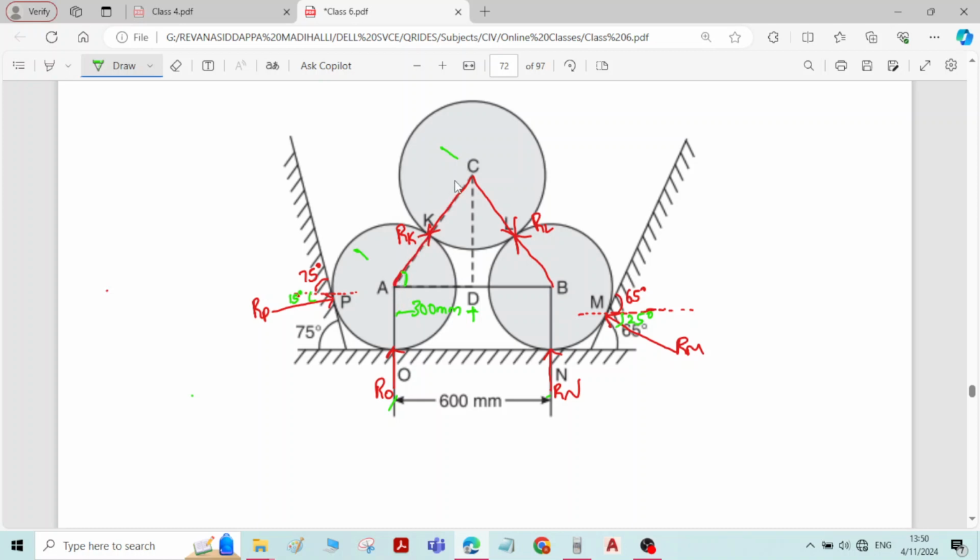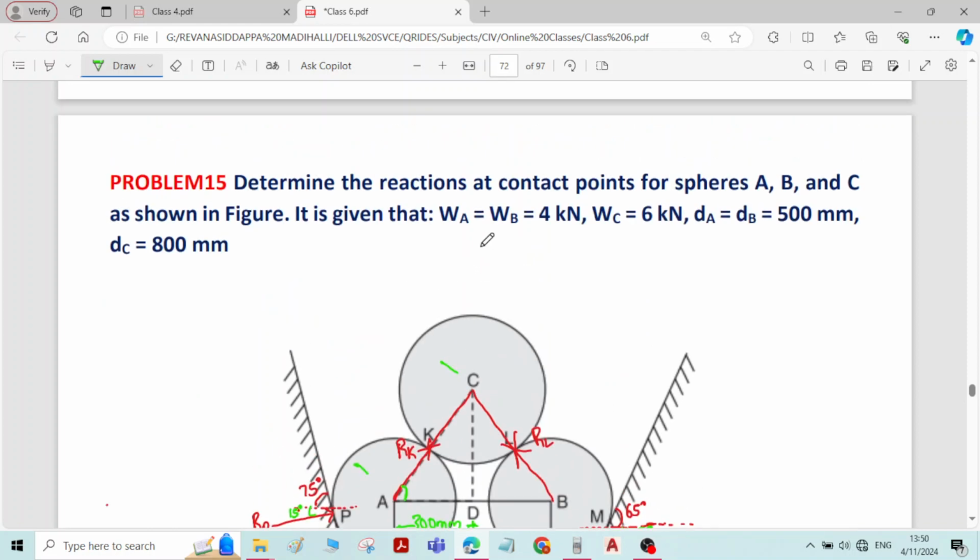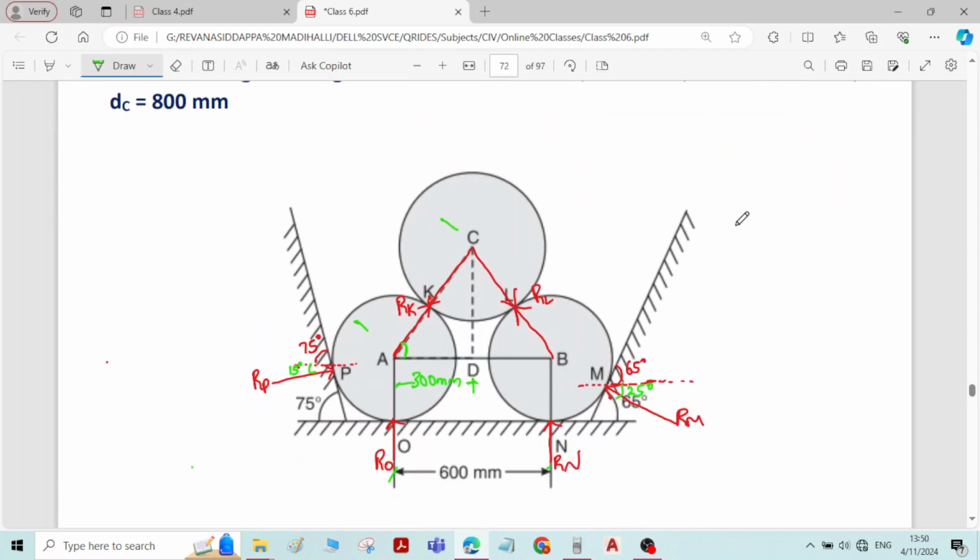Radius of sphere A plus radius of sphere C. For sphere A, diameter is given as 500 mm. Radius becomes 250. Let me write the dimensions here. 250.